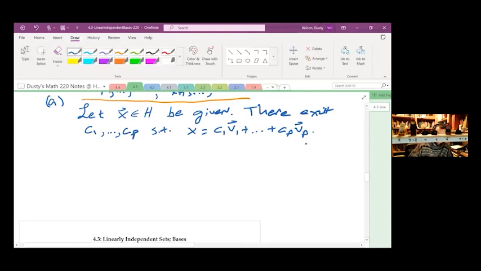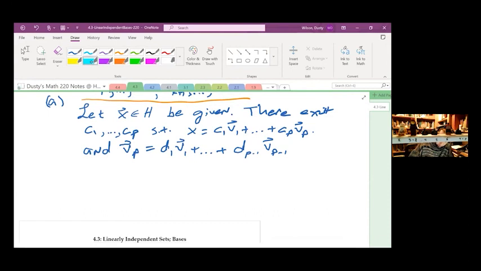So remember that this VP is a linear combination of the other vectors. So we know that this first thing is true, and we also know that VP is equal to some D1 V1 plus ... plus DP minus 1 VP minus 1. This is just saying that VP is a linear combination of the other vectors. And so we have VP here and VP there, so we can substitute in.